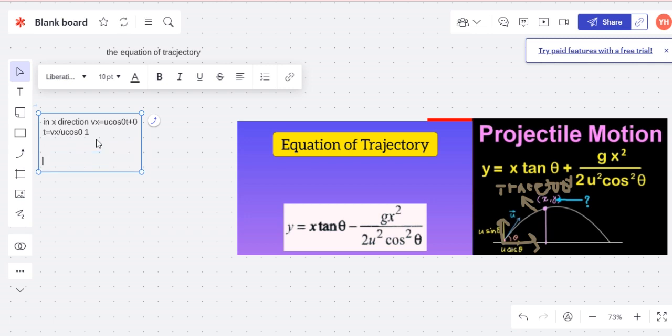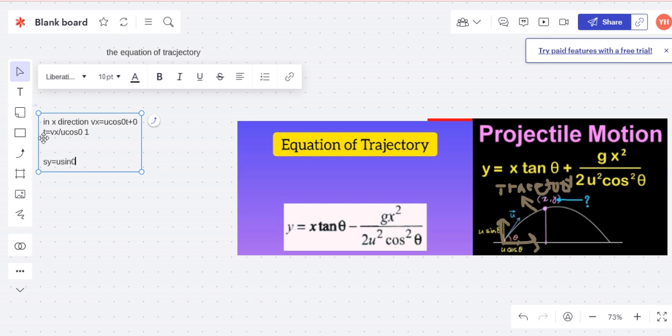Now we know the displacement in the y direction, which means y is equal to vit, that is u sin theta t, plus 1/2 gt square.